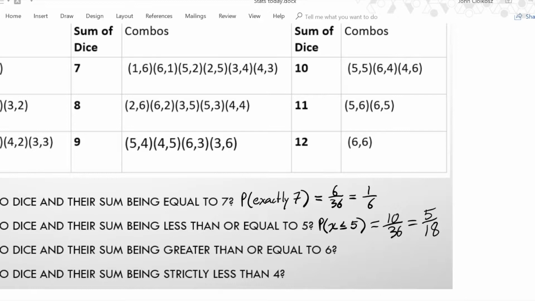Not a whole lot of giant, exciting conclusions thus far, but we have to get used to the wording before we can get into more distinctive probability. All right, for our next one, we want a sum greater than or equal to 6. So here, we want X greater than or equal to 6.